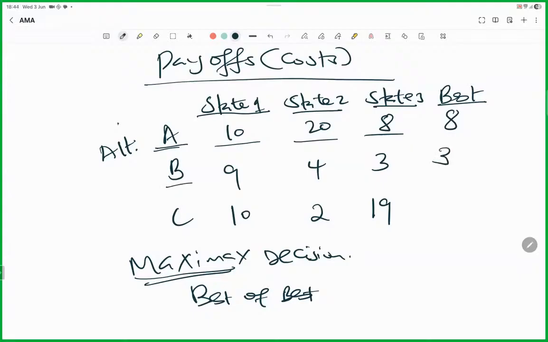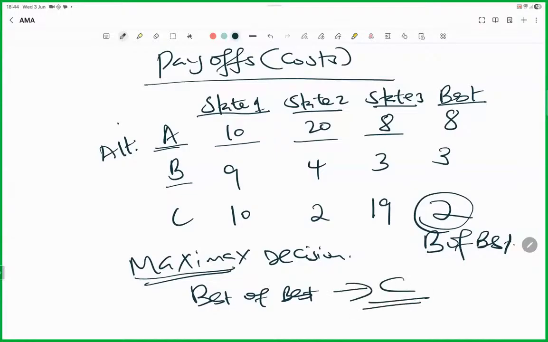If we go for C, the lowest cost is what? 2. But you see, you are going to only go for one option. So you go for the lowest of the lowest. Best of the best. Which is what here, somebody now? 2. So this is the best of best. So in this case here, the correct answer is supposed to be what here? C. And nobody got this.